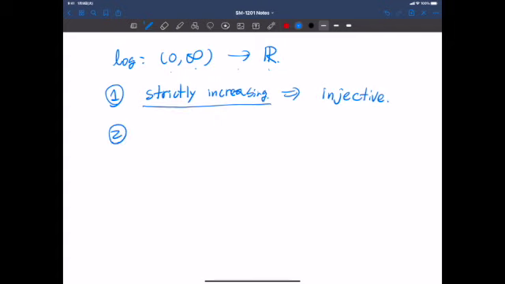Okay, and second, it can take all real values. It can take arbitrarily large positive numbers and arbitrarily large negative numbers. So that means this function is surjective. And injective and surjective means it is a bijection.